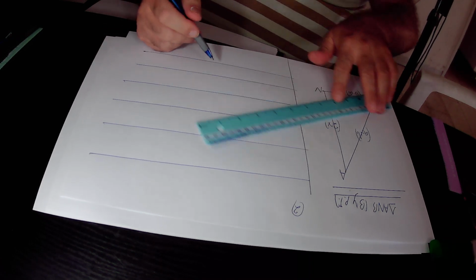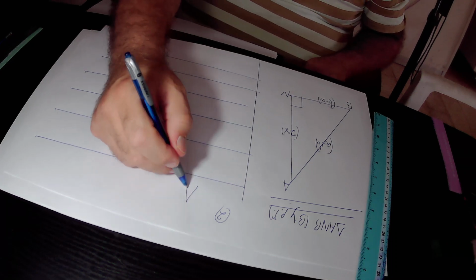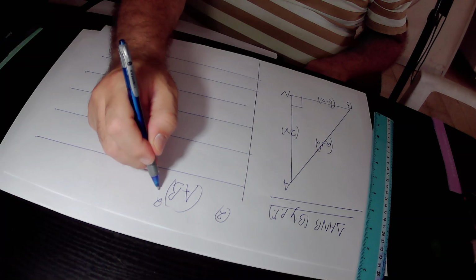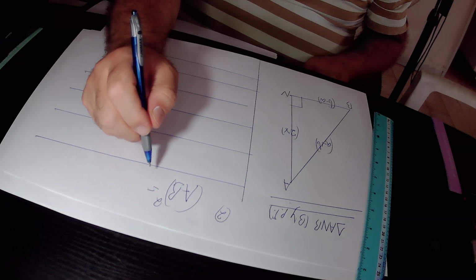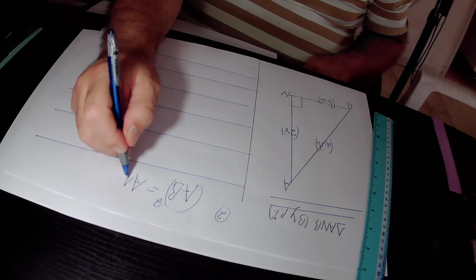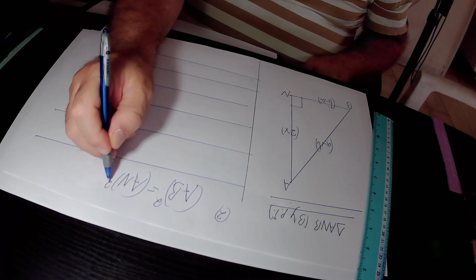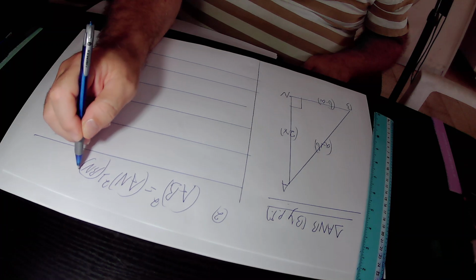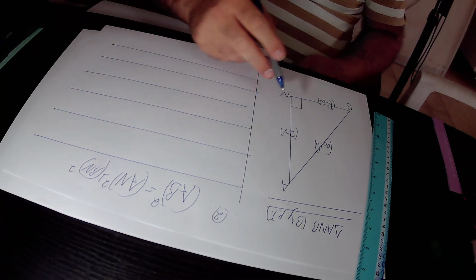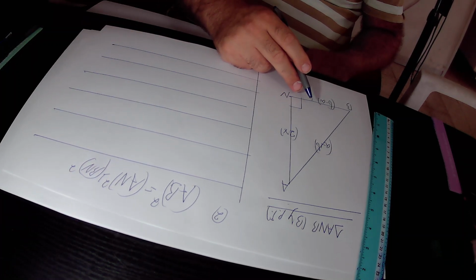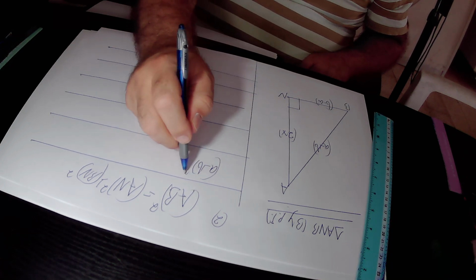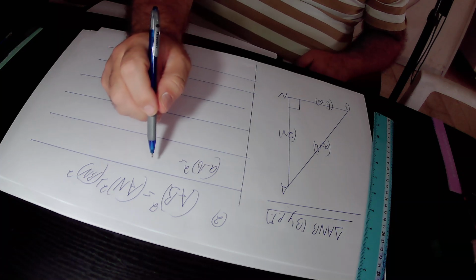So AB squared, the square of the hypotenuse, is equal to AN squared plus BN squared. The hypotenuse AB equals a plus b, therefore AB squared is (a plus b) squared, and it is equal to AN squared.